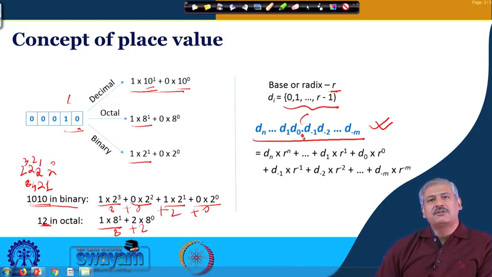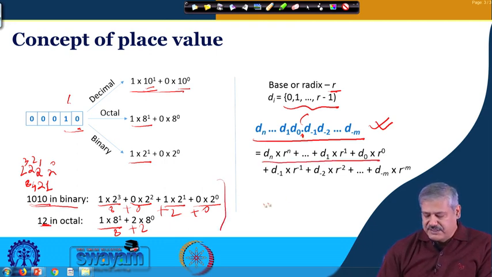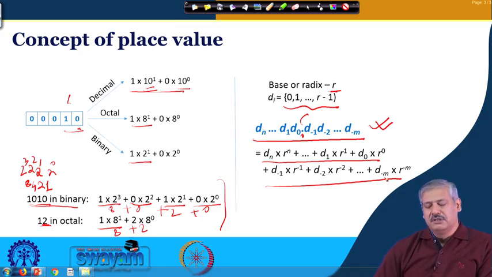Okay. Then its corresponding value is represented by, from the example that we had seen here, if we continue, this is the way the value is arrived at. So, there are n plus 1 digits to the left of the decimal point, and that is the integer part, the decimal point or binary point or octal point, and then m digits towards the right.